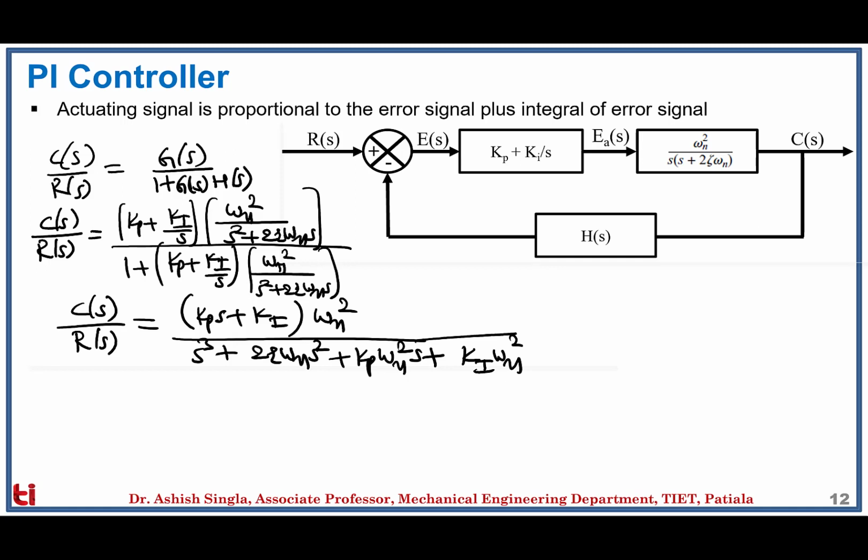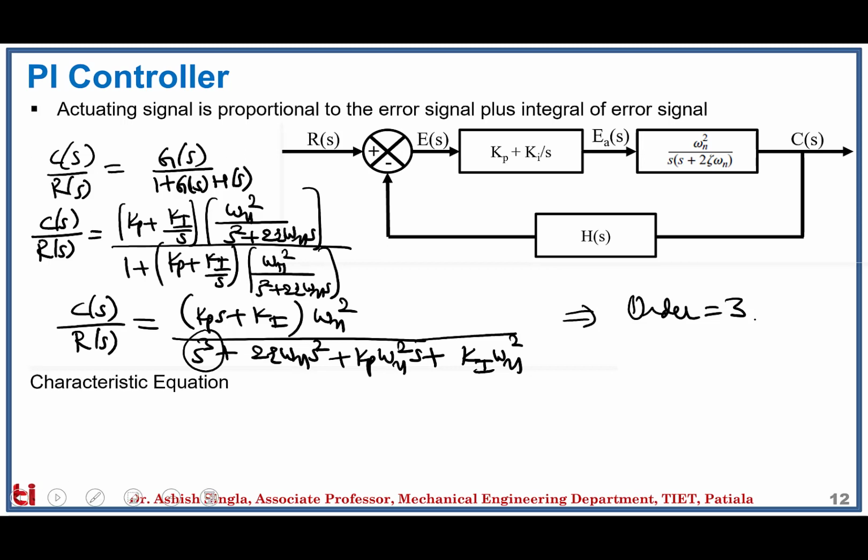Now here you can see, using the PI controller, the order of the system becomes 3, which can be clearly seen from this cubic polynomial in the denominator. So in this, the order of the system is 3, which means that using the PI controller, the order of the system has increased from second to third.